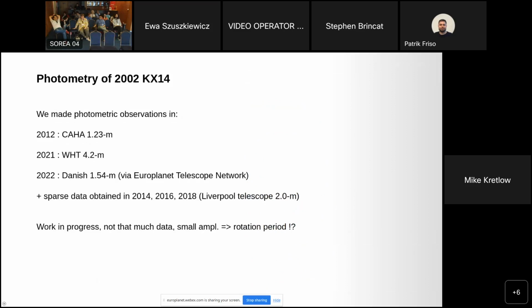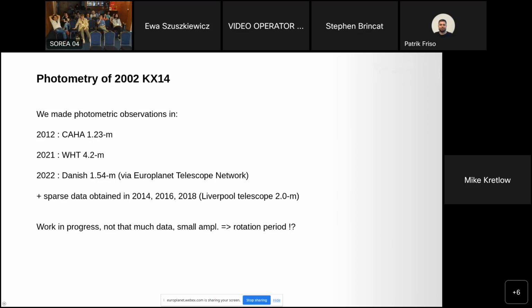So in that case, in Granada we are monitoring TNOs, especially targets which are going to have an occultation, also for astrometry and photometry. We have photometric observations of this object from 2012, made with the 1.2 meter telescope at Calar Alto.